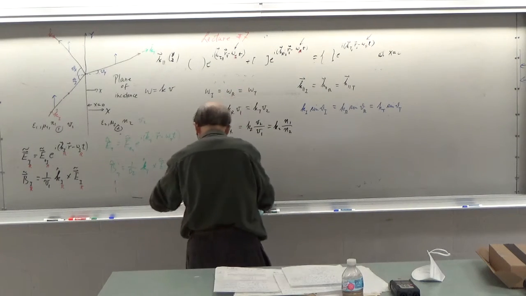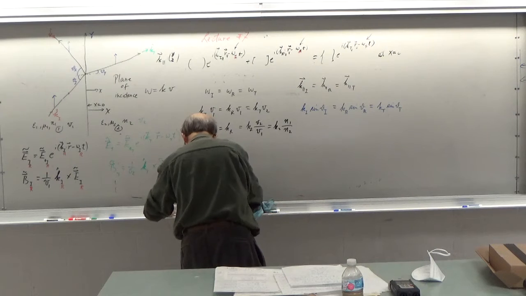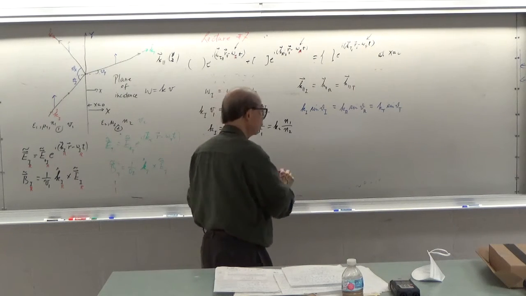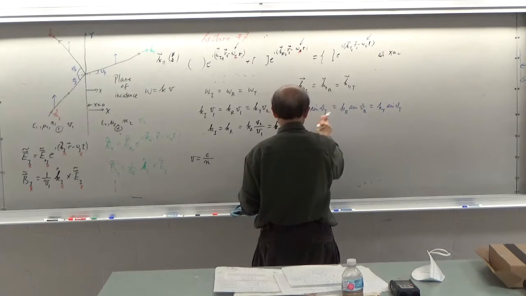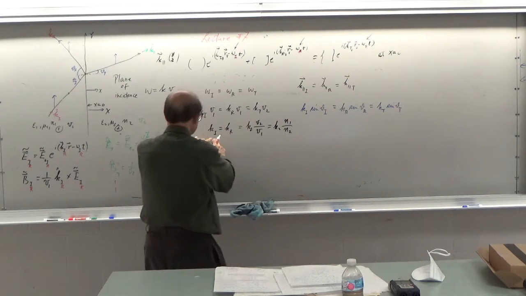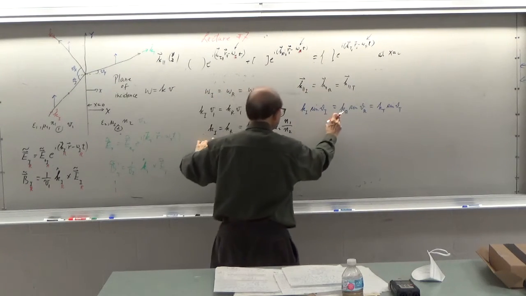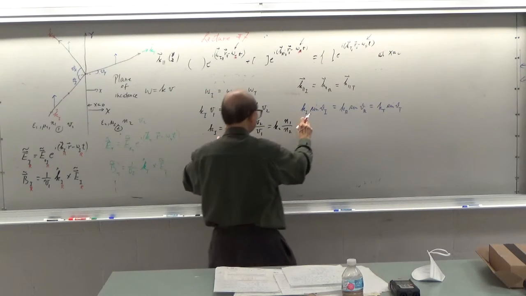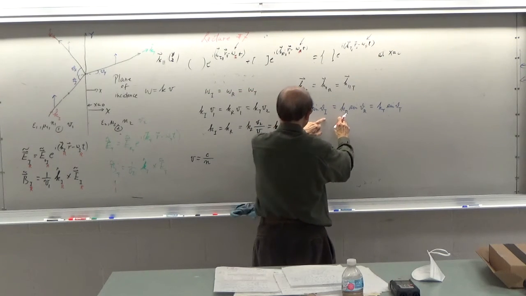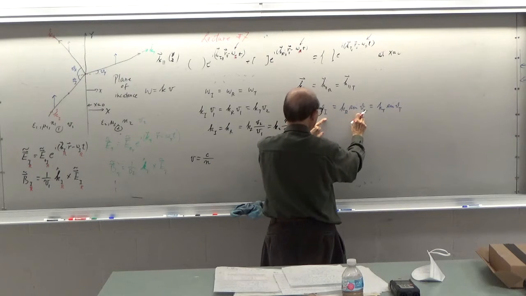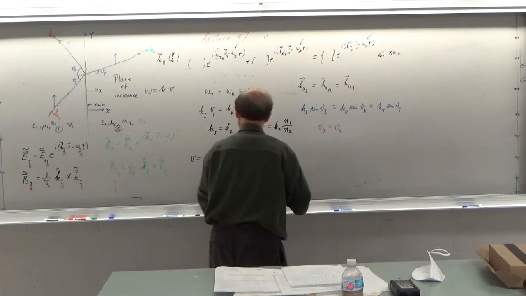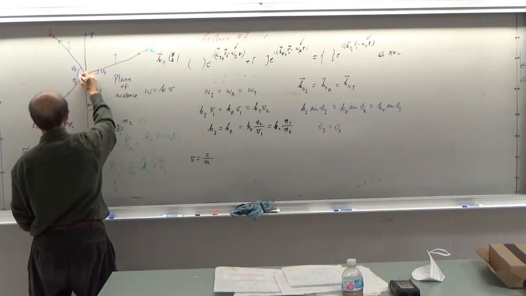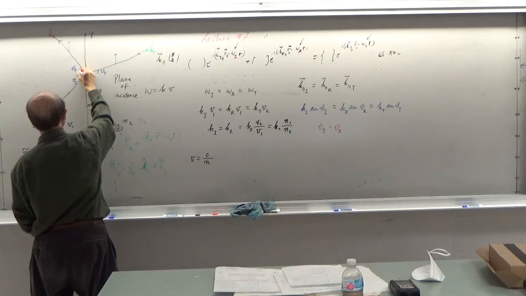All right. From this, we deduce two pieces of information. Remember ki is equal to kr. That means sine theta I is equal to sine theta r. That means the angle of incidence is equal to the reflected angle. So this angle is the same as this angle.